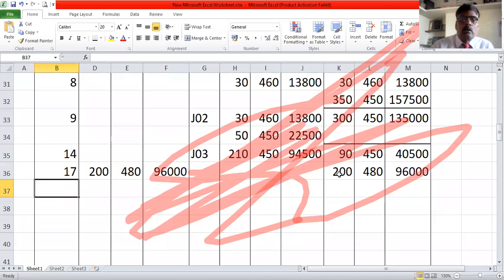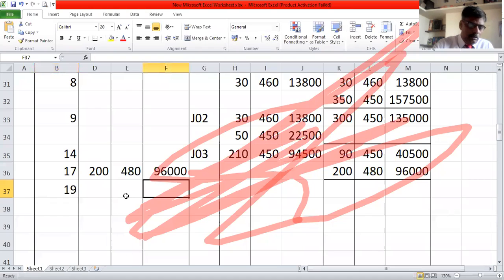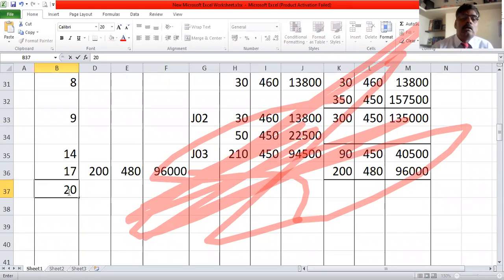Then 20th, there is an issue. You put underline for this. Date 20, sorry. 20th, there is an issue.